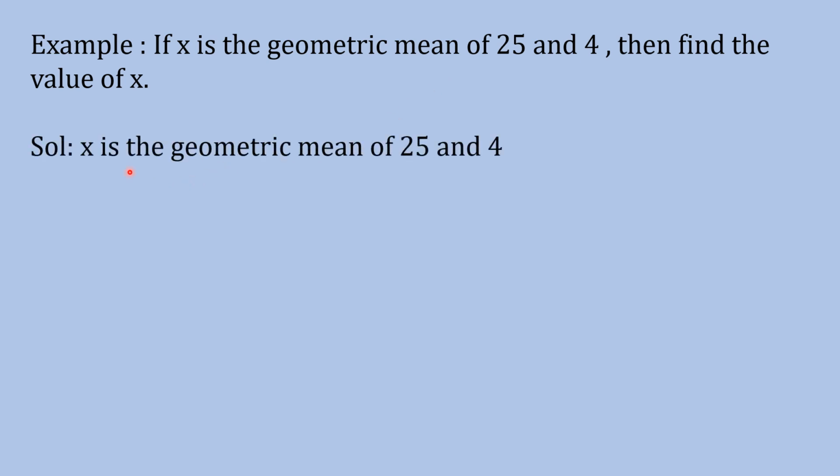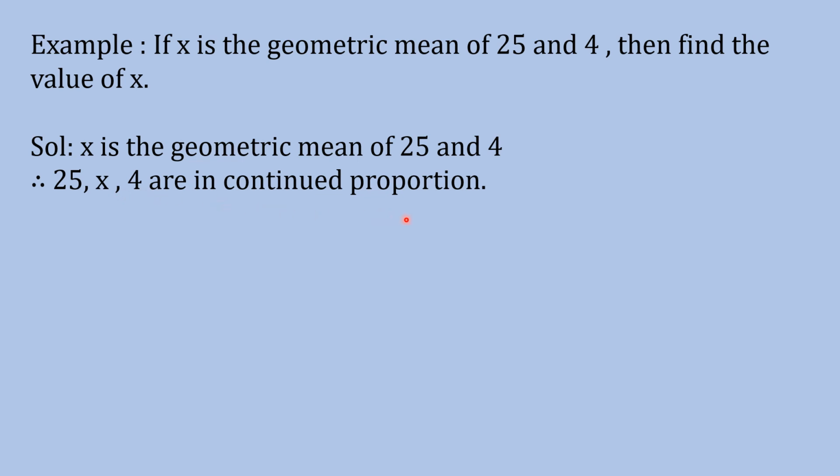You can say that 25, X, 4 are in continued proportion, because it is said in the question that X is the geometric mean of 25 and 4. X would be the middle term.